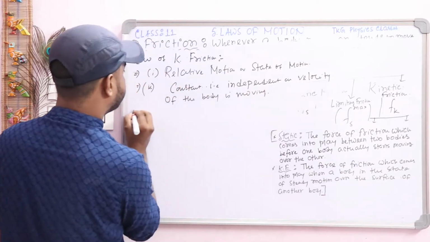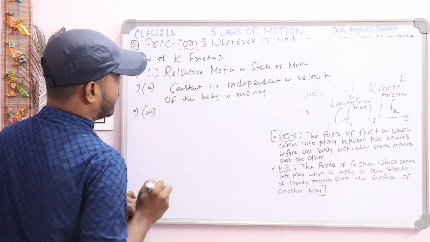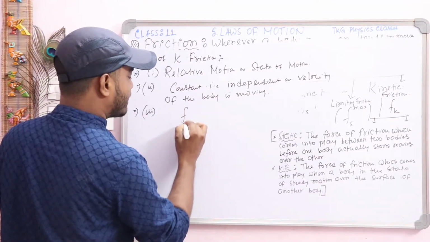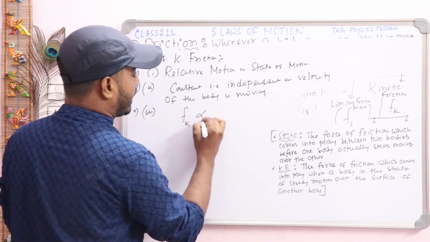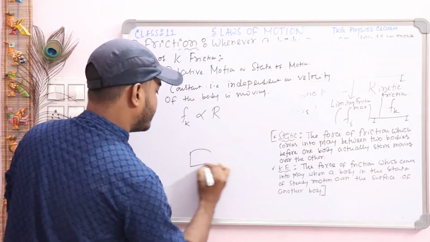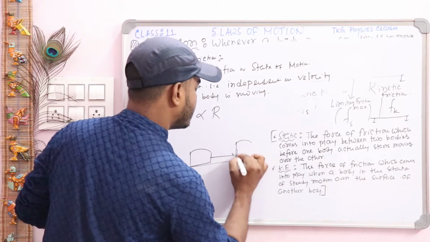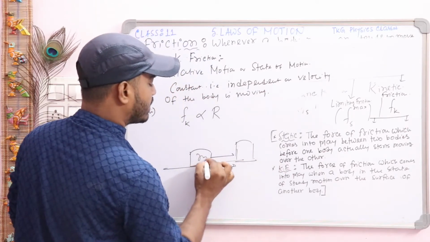Third point is very important. Kinetic frictional force, which is named as Fk, is directly proportional to the normal reaction force. You see, this is the body, this is the surface, the body is under motion. So this is the displacement of the body of mass m.